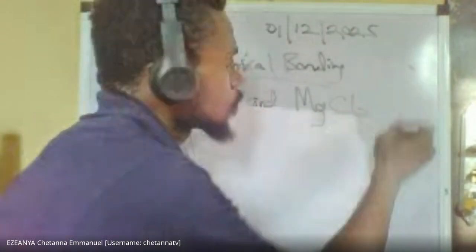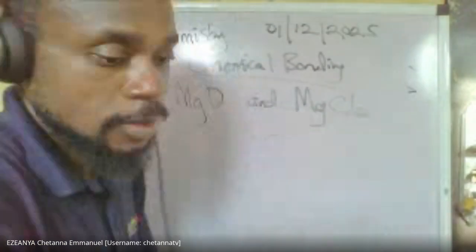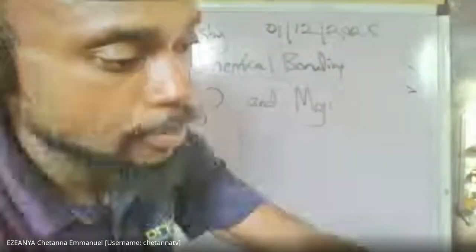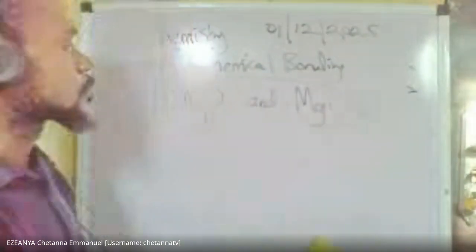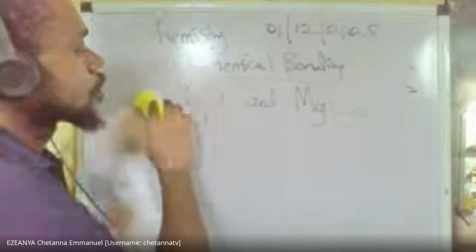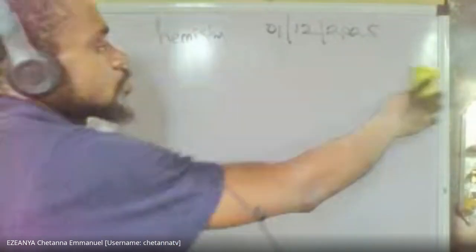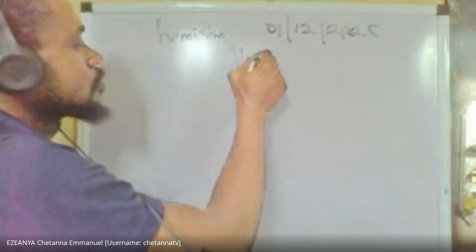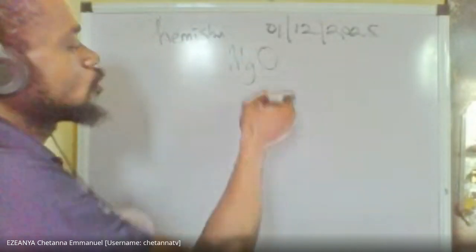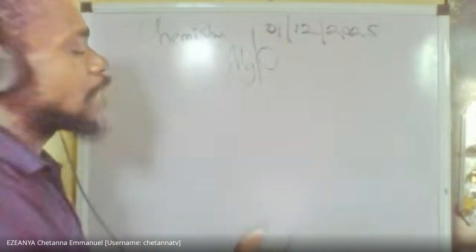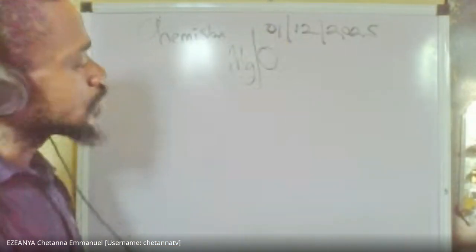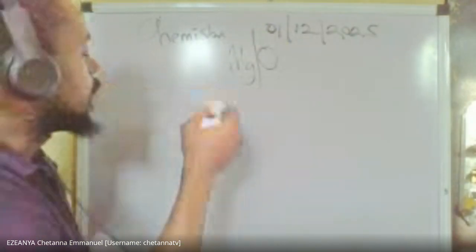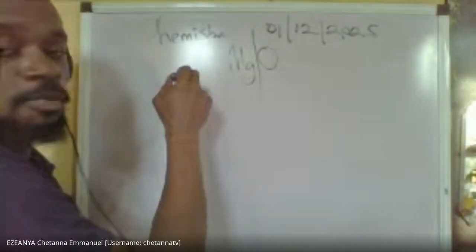Okay, so let's go. Let's start with magnesium oxide. We look at the bond between magnesium and oxygen in magnesium oxide. You know the atomic number of magnesium is 12.